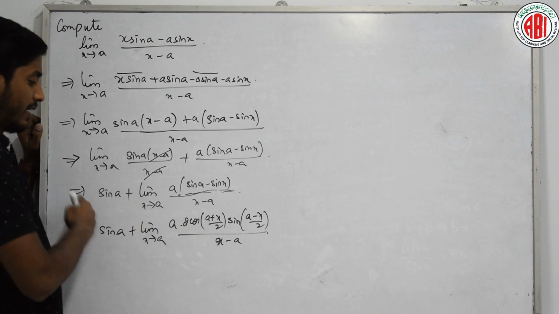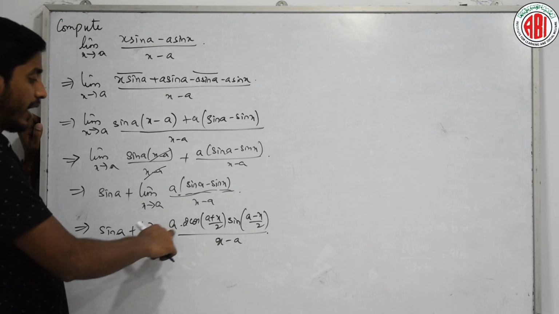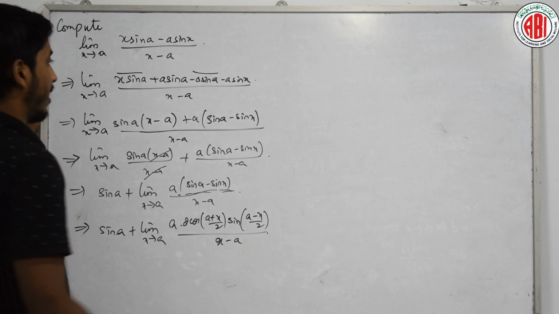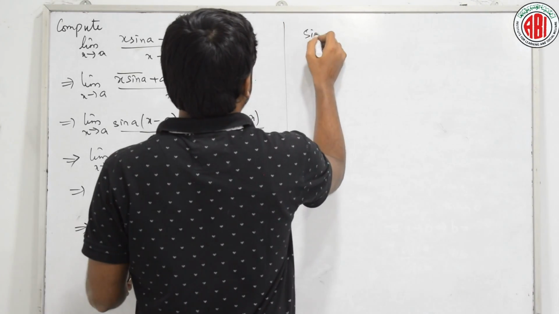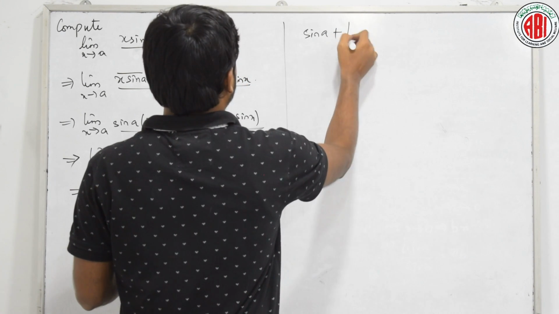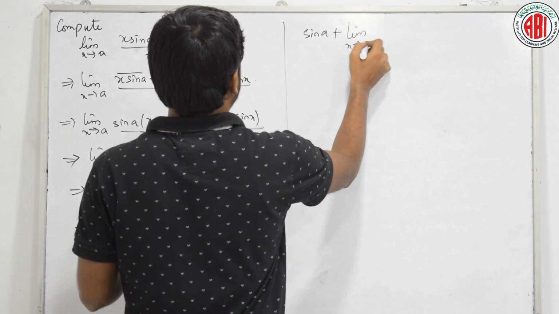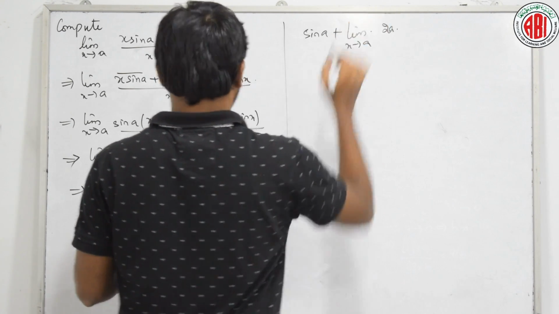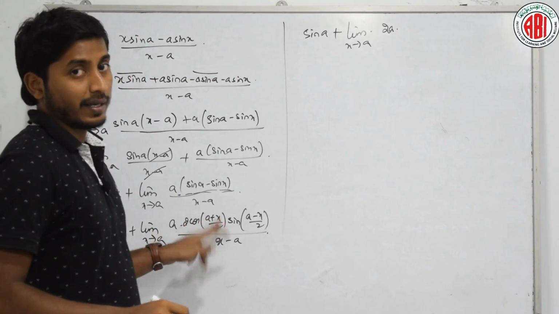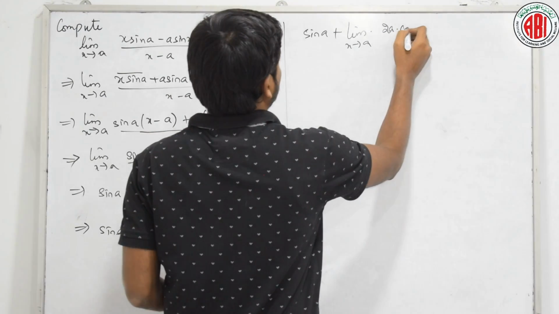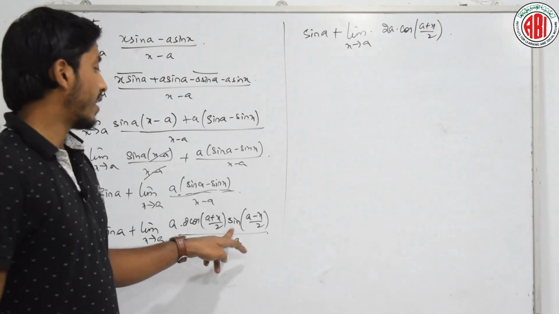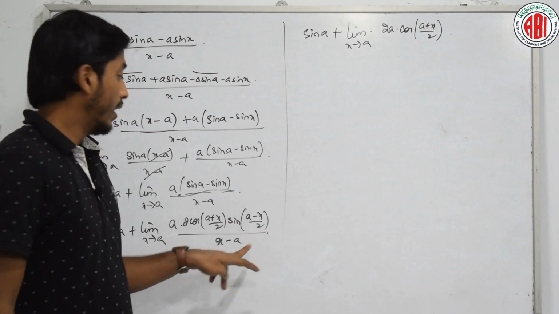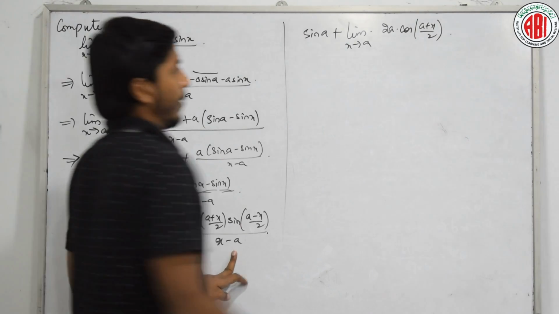Isn't it? Just separate everything. a and 2 are again constants, right? Let us do it here. Sin a plus limit x tends to a, 2a is left outside, cos of (a plus x) by 2 into sin of (a minus x) by 2, let us write it as x minus a.